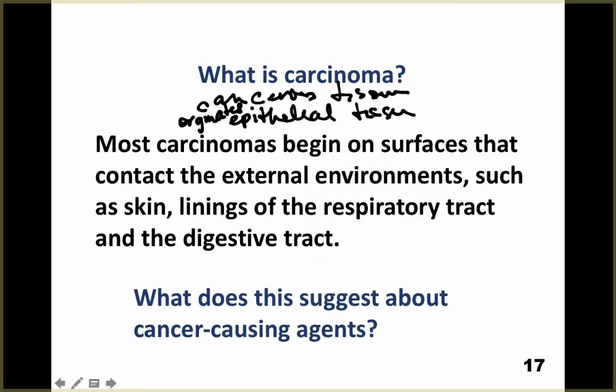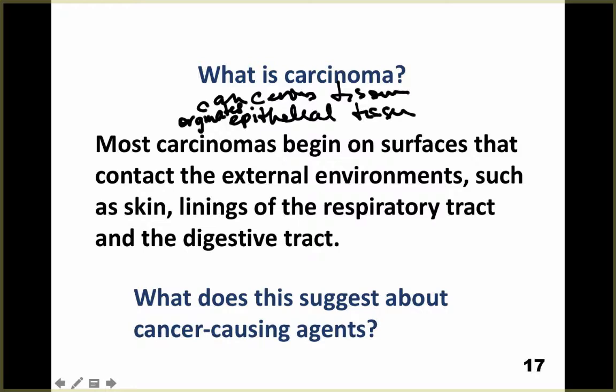UV protection. Remember how we said that cancer cells can dissolve that basement layer right above connective tissue, then they can metastasize and go throughout the rest of the body. That's how it works, right?